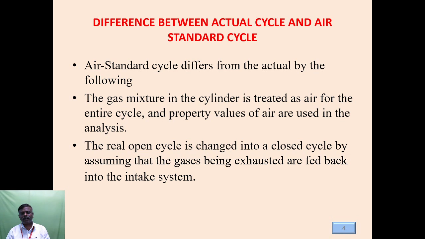The air standard cycle differs from the actual one in the following ways. The gas mixture in the cylinder is treated as air for the entire cycle, and the property values of air are used in the analysis. The real open cycle is changed into a closed cycle by assuming that the gases being exhausted are fed back into the intake system.